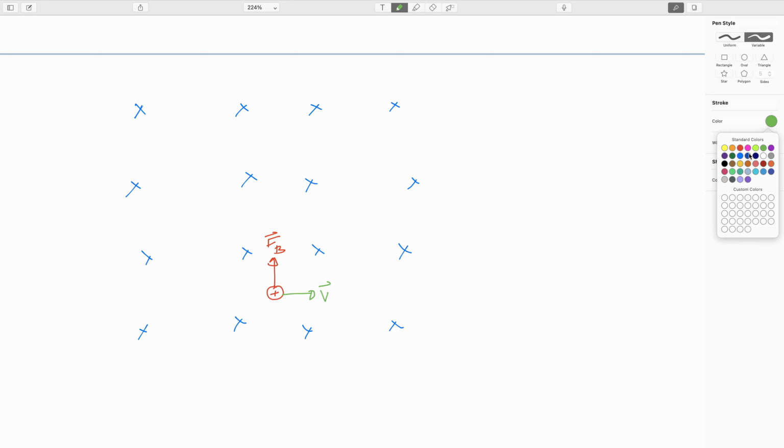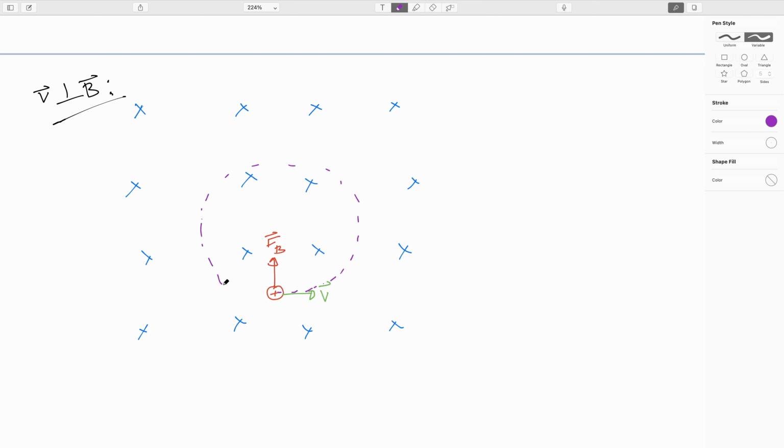And here, where we have that V and B are perpendicular, we saw that the motion that we are going to have is a circle.